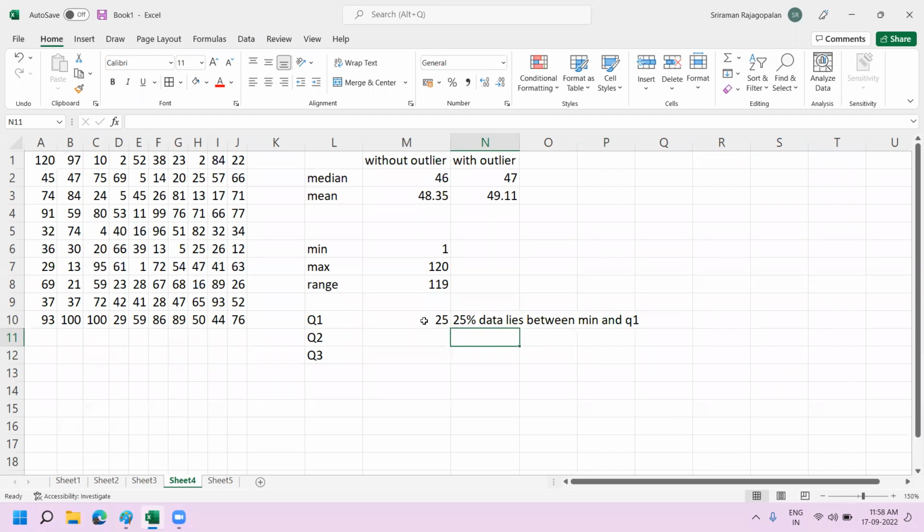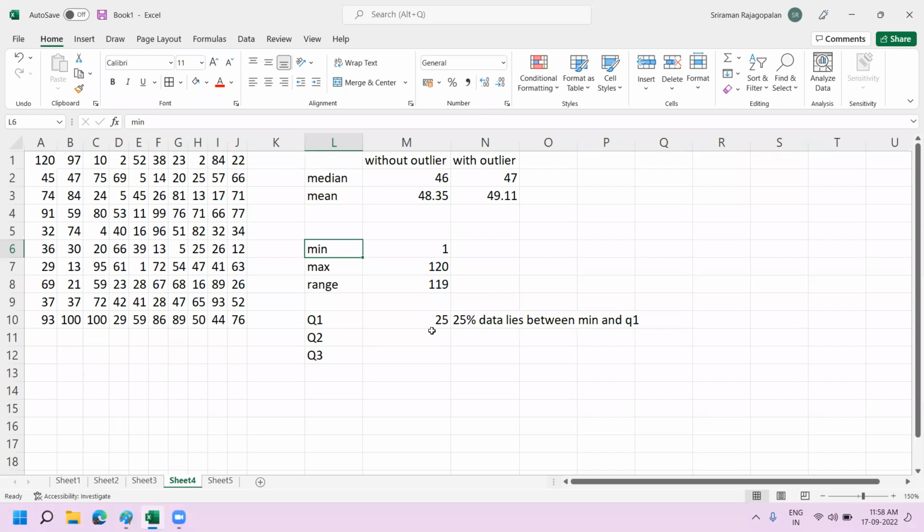That is why I put this minimum here. So it lies between 1 and the value which is in quartile 1, which in this case is 25. Now you sort the data and find out how many data points are there between 1 and 25. You will find approximately 1/4 of how many entries are here? 100. So 25 points will be between 1 and 25.